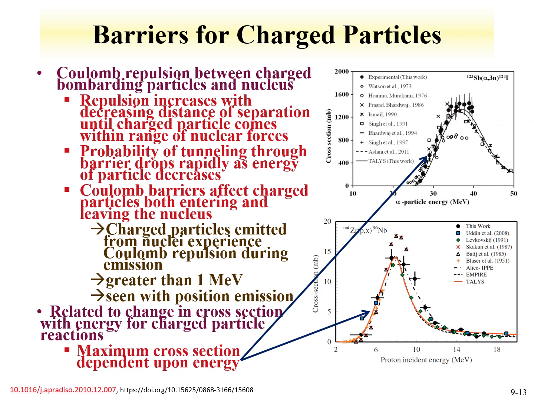So in the case of this reaction here, the antimony with an alpha particle, 3N out, making iodine-124, an energy of around 35 MeV is the maximum, whereas for this reaction where we have a proton on natural zirconium making niobium-96, the maximum energy at the highest cross-section, which is only around, let's say, between 15 and 20 millibarns, is at 8 MeV.